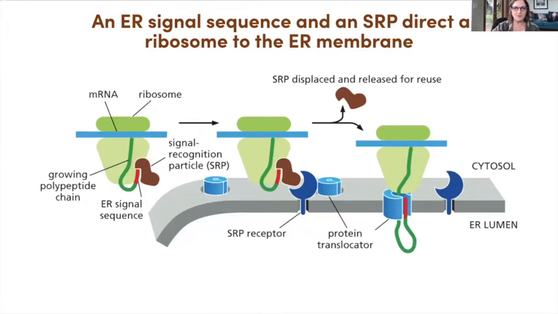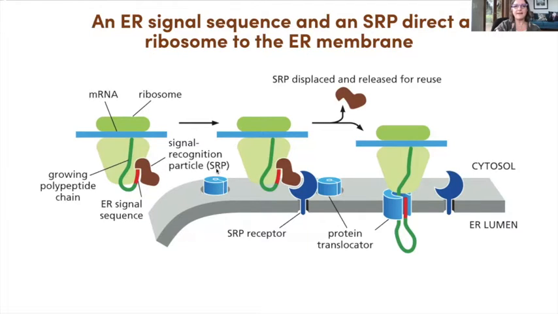So this is a little bit more detail about the actual tethering of this nascent or growing polypeptide chain to the surface of the endoplasmic reticulum. So here's the signal sequence at the N-terminus of the protein. So it's the first part of the protein to be made. That signal sequence binds to this very flexible recognition protein complex called the signal recognition particle.